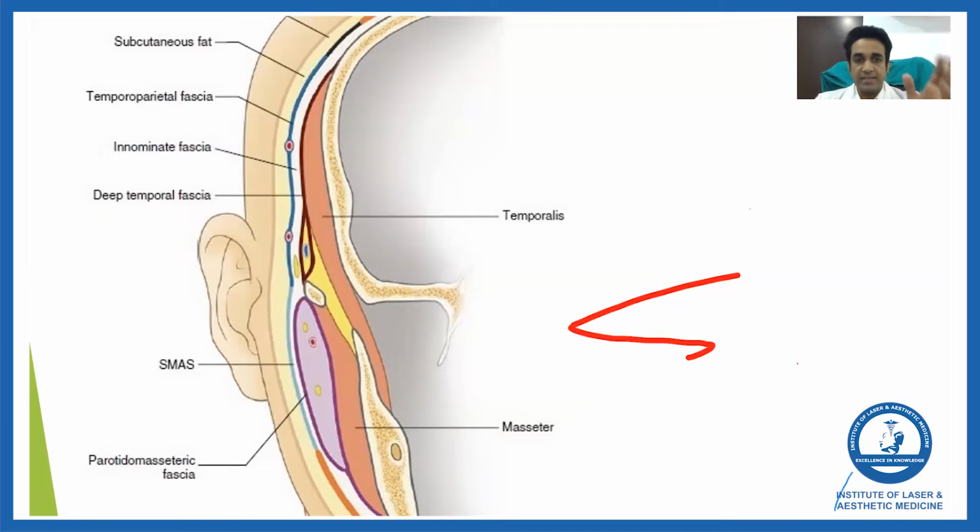So in case there is any trouble with the musculature or the deep fatty pockets that I'm going to soon talk about, there will be a sagging of the SMAS layer as well. So this fatty tissue along with the SMAS will droop. So I will end up having a jowl or a very prominent nasolabial fold, or drooping of my eyelid. This is what is going to happen, right? Now, when we talk about the next layer, I am going to connect all of these structures in a way that you will be able to understand.